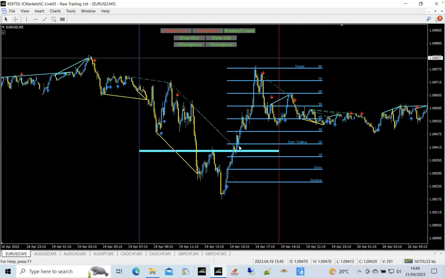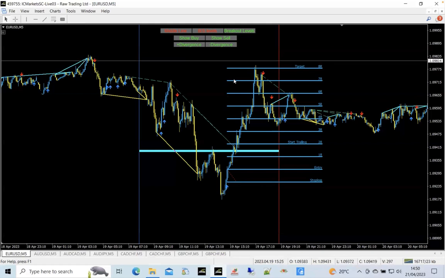So I don't use exact entries, I don't use exact size for the lot size as I should. I don't trail the R's. And sometimes when I find myself doing 3, 4R, I will just take my profit and then I will lose the chance to make the 8R.